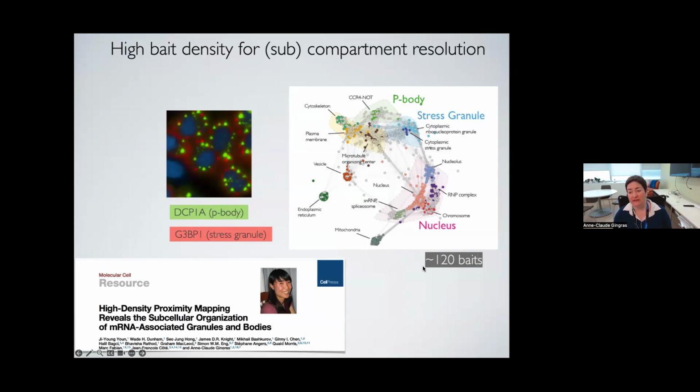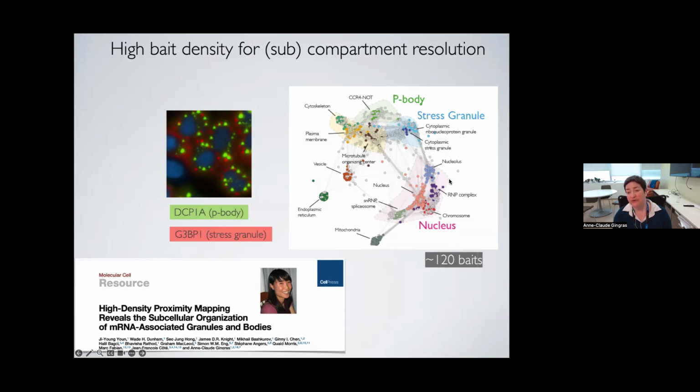And what you see here is essentially the result of about 122 baits. Actually, it's 140 baits, but coding for 122 unique genes. That really helped us define, using computational approaches such as non-negative matrix factorization as well as Pearson correlation, the composition of stress granules and their adjacent component, the P-body.